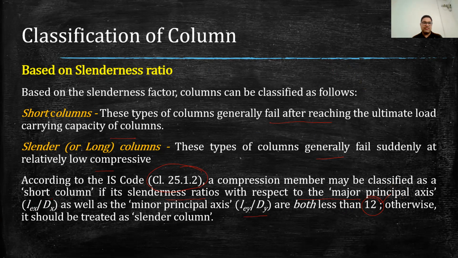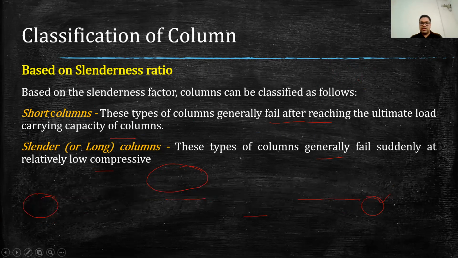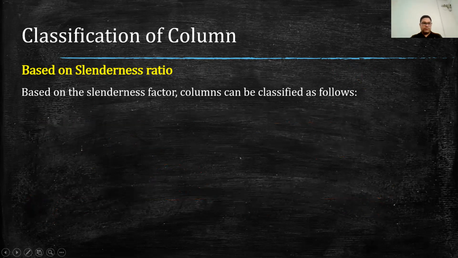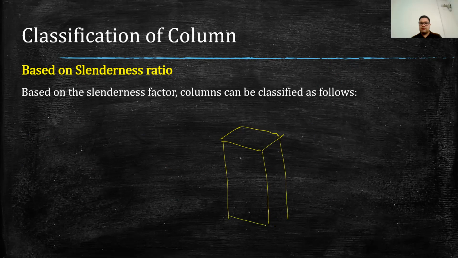Now here, what is LEX by DX? I will show you that with the help of a diagram. So if this is a column, say this is the x-axis and this is the y-axis. The length of the column, or effective length of the column, along the x-axis I may write as LEX.